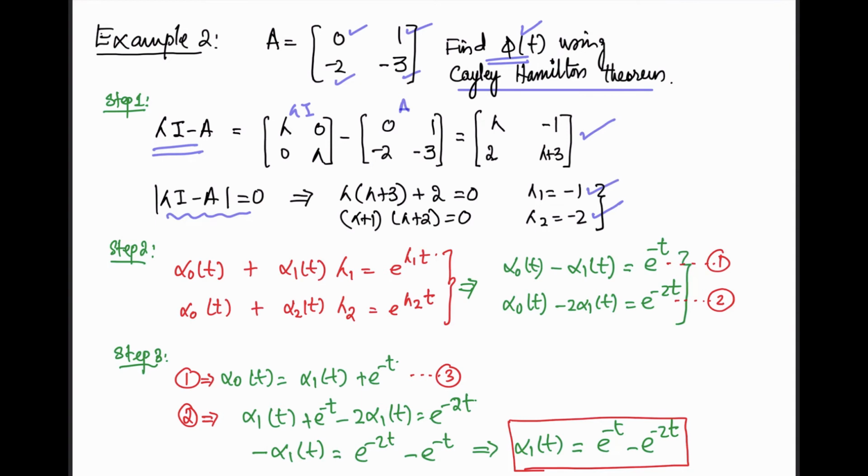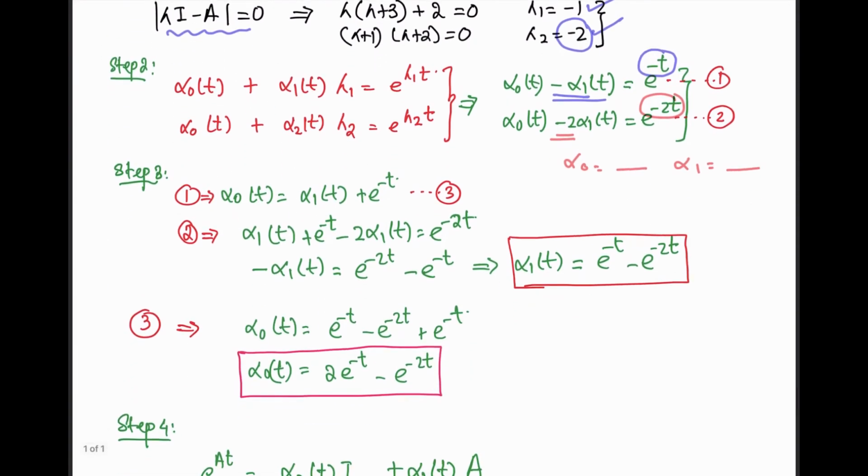First eigenvalue is minus 1, so that's why you can see over here minus t, and this is minus alpha 1. And the second eigenvalue is minus 2, so you can see over here minus 2 and minus 2 over here. So we have these two equations. Solving these two equations, we can find out alpha naught and alpha 1. So once you find alpha naught and alpha 1, we can determine the state transition matrix, right?